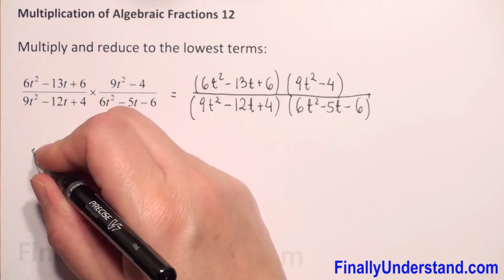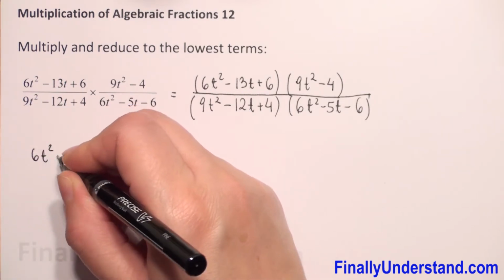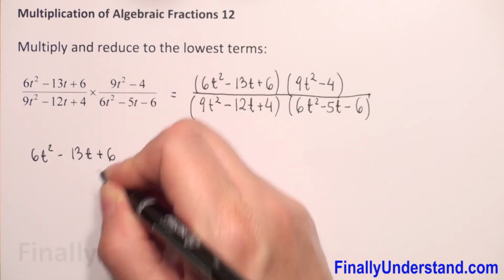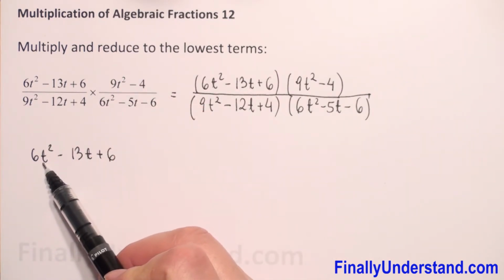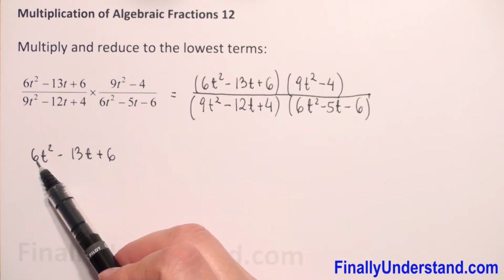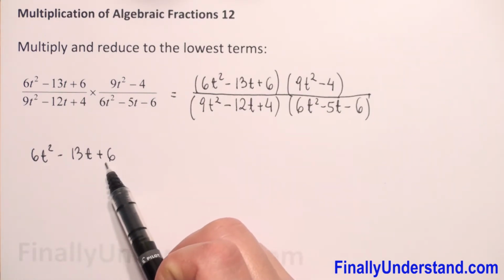We have 6t squared minus 13t plus 6. Because the coefficient before t squared is different than 1, we will first multiply this coefficient before t squared by the constant.